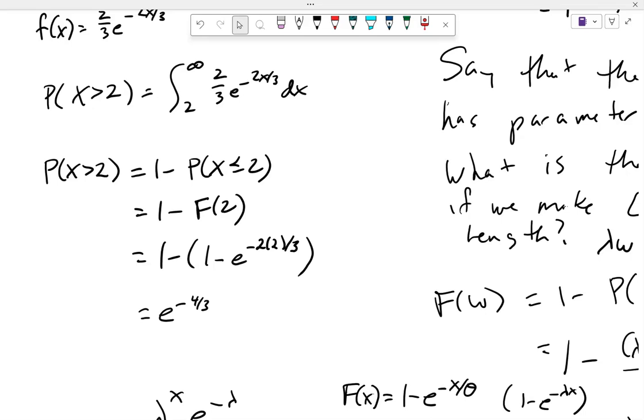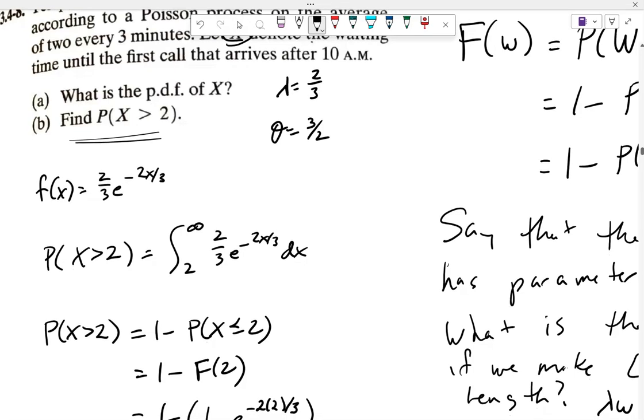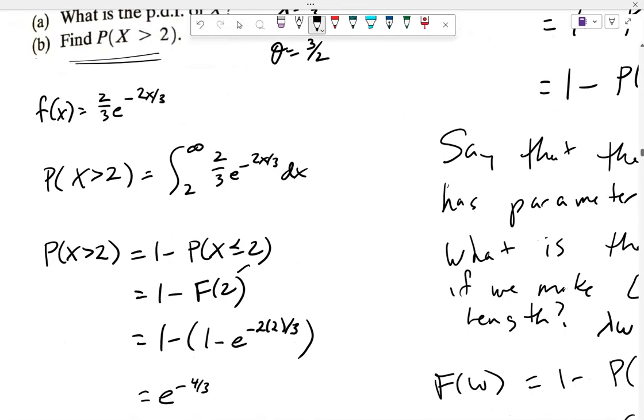We're going to do more of these, but what questions do you have on this one? Say that again. They told me they wanted x greater than 2, so that's my x value, what goes in here.